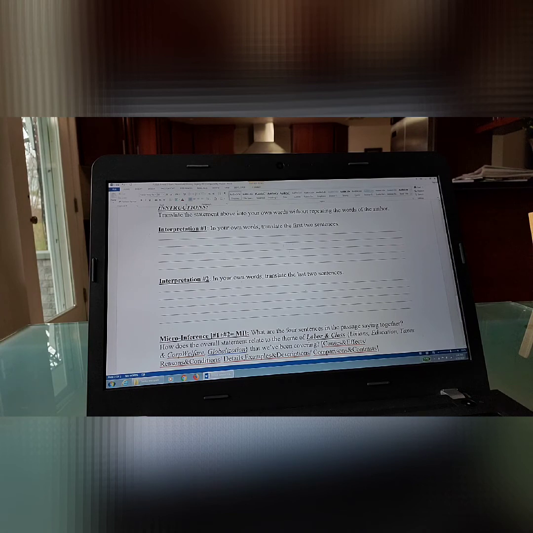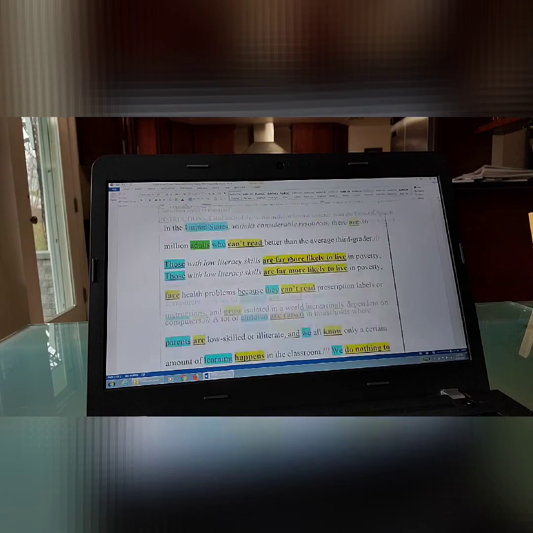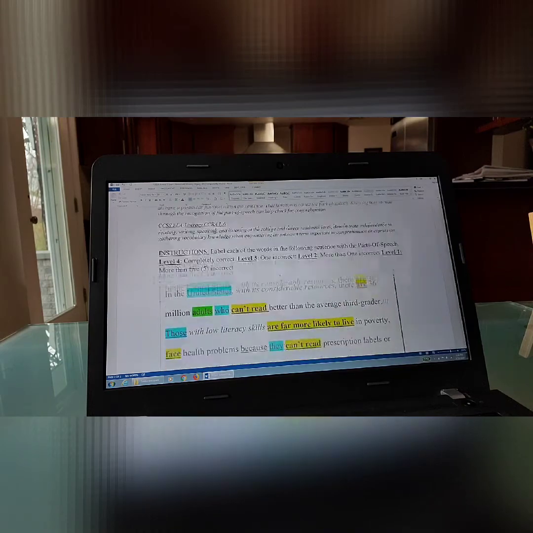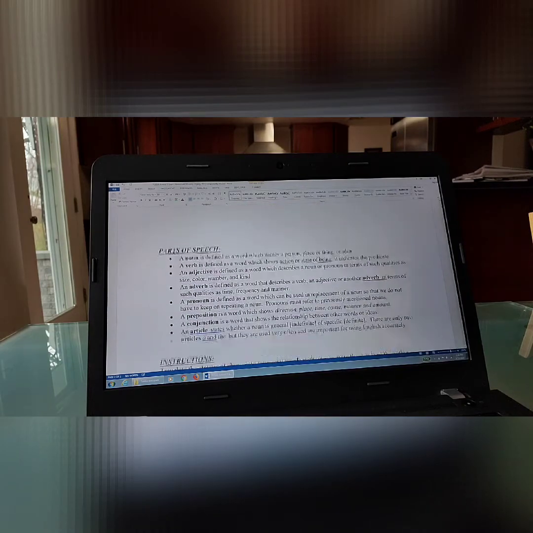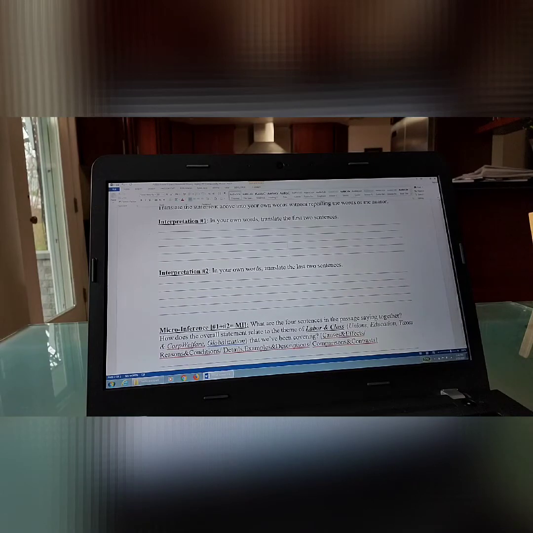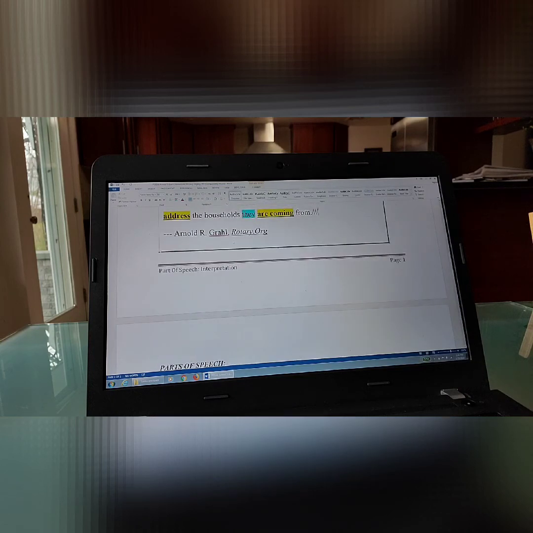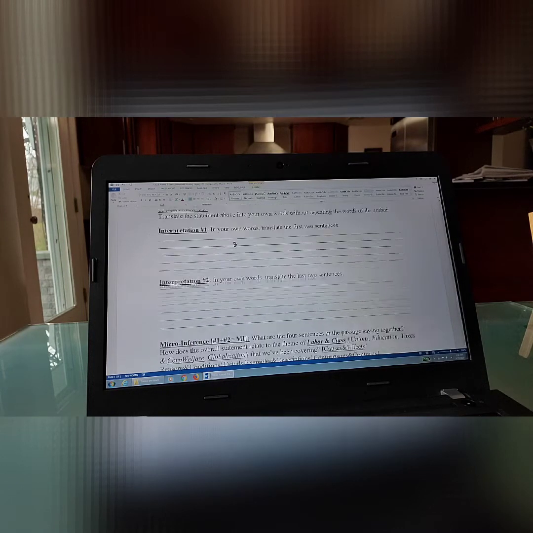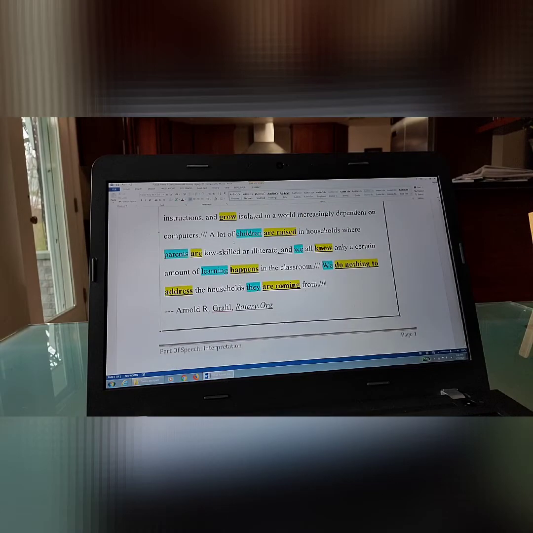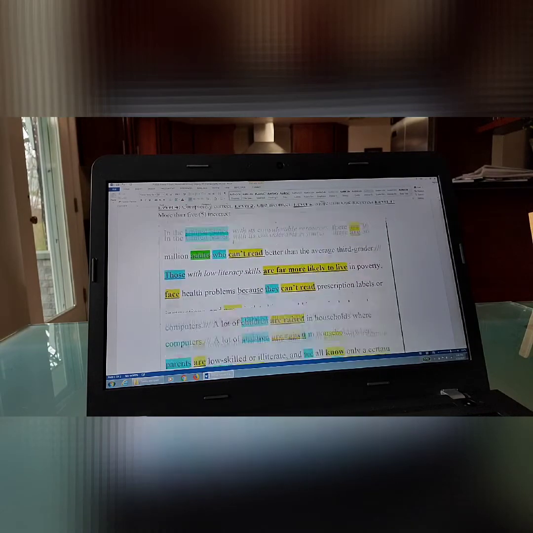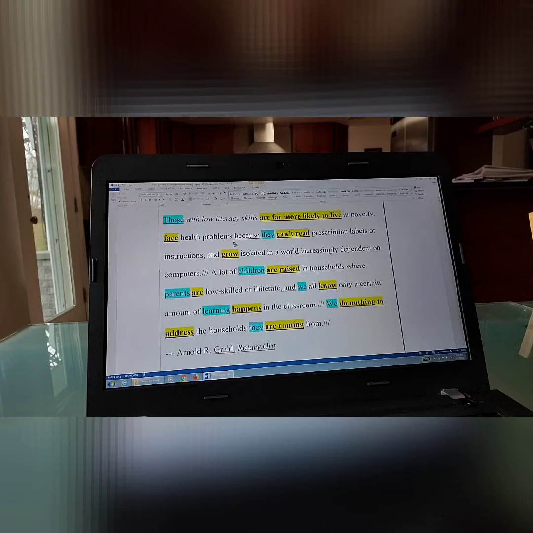This is a doc, so you can't alter it, right? But I have these so you can look, read, and see the text with each assignment. And then I made a Google Doc, which you can alter. I put interpretation number one and interpretation number two together, so you're going to do the whole thing.